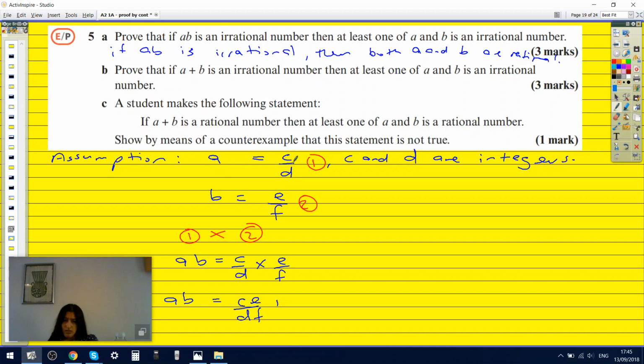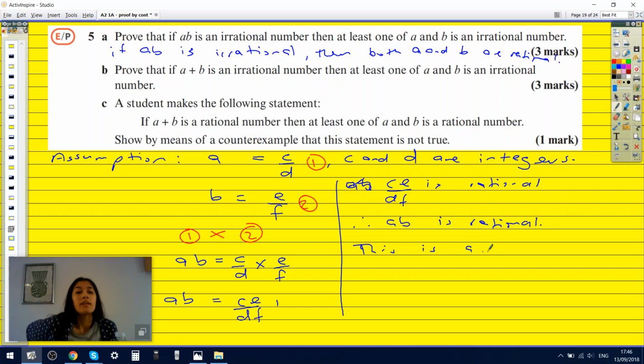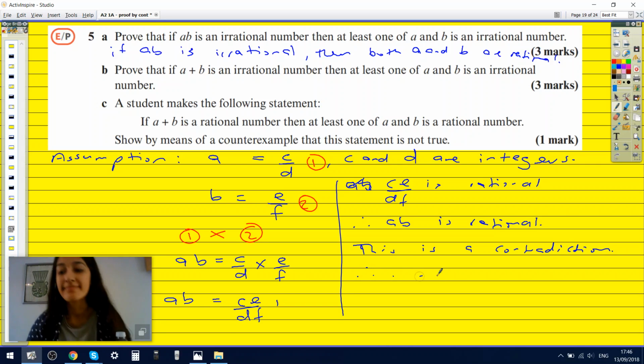If A is rational, then it's equal to C over D. If B is rational, then it's equal to E over F. If we multiply the two, we get that AB, or I should say CE over DF, is rational. Therefore, AB is rational, because it's equal to CE over DF. This is a contradiction. Therefore.